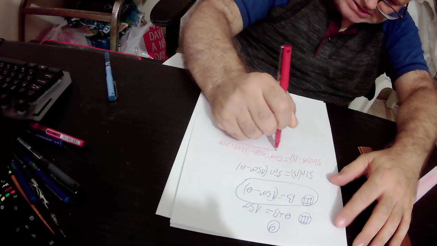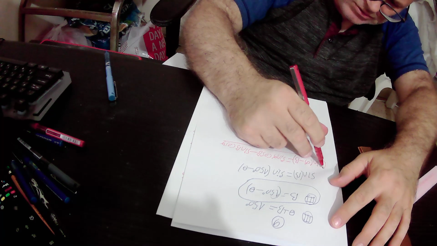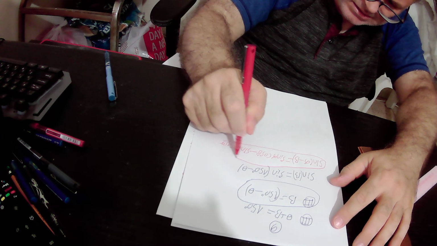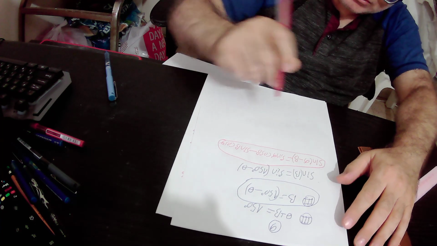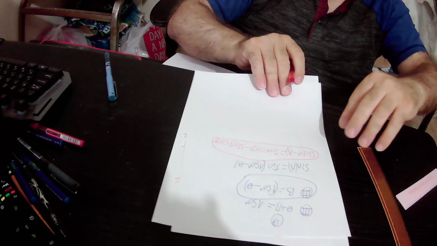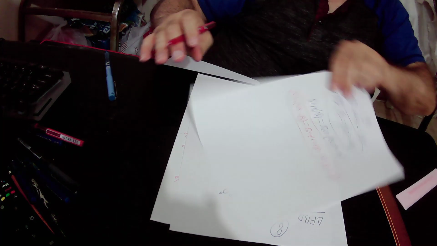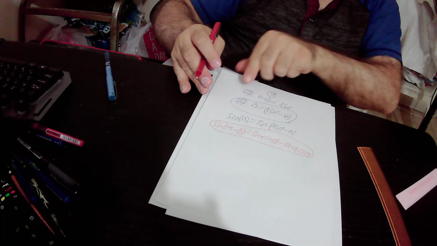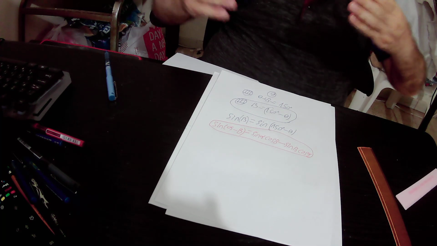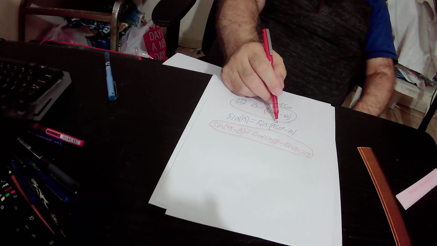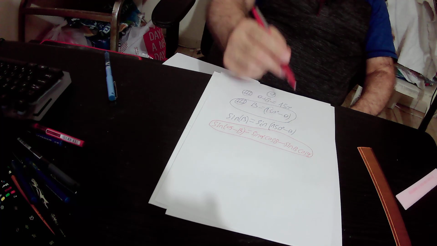Okay, actually this is the second trigonometric identity that we will use in order to find out the value of sinus 150 degrees minus theta when alpha equals 150 degrees and beta equals theta.